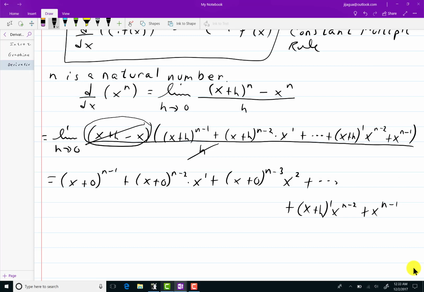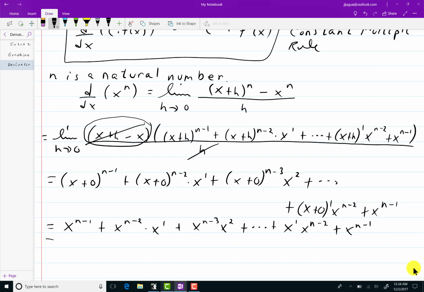Now let's see what we have here. The first term is x to the n minus 1. The next term is x to the n minus 2 times x to the 1 plus x to the n minus 3 times x squared plus dot dot dot plus x to the 1 times x to the n minus 2 plus x to the n minus 1.